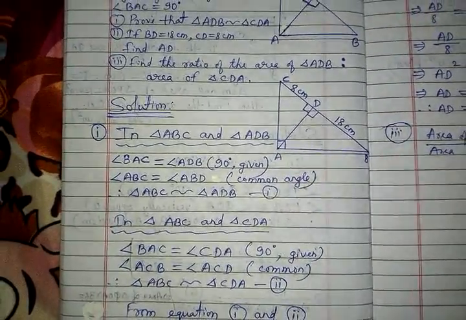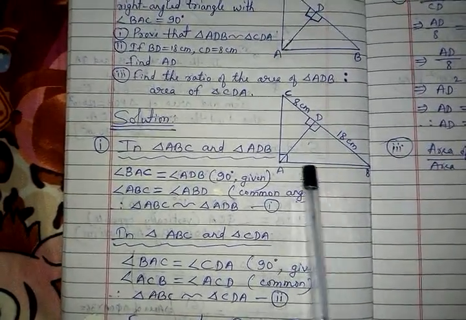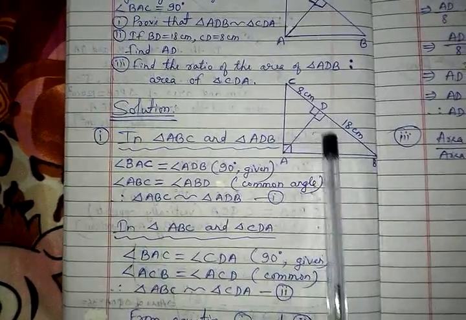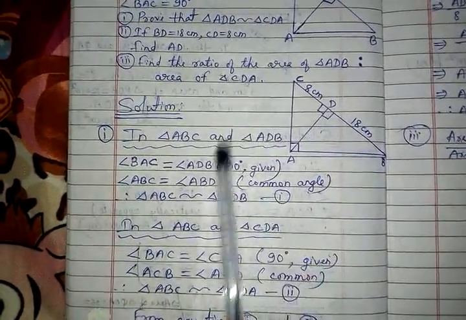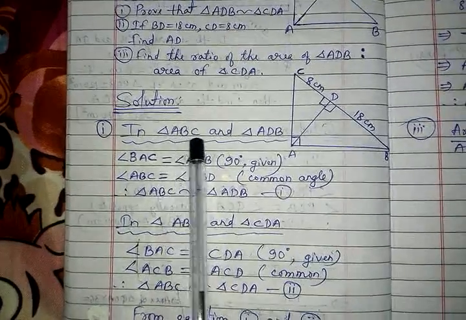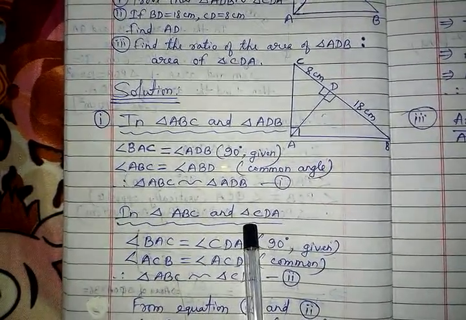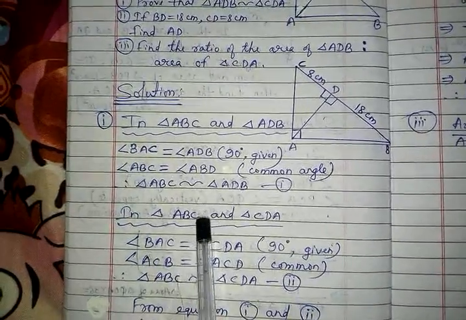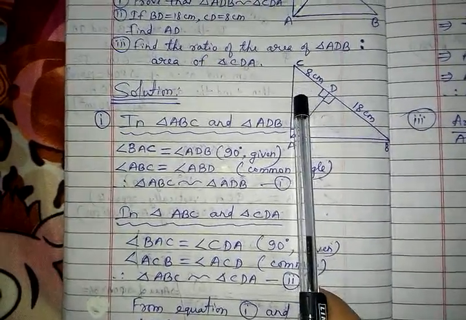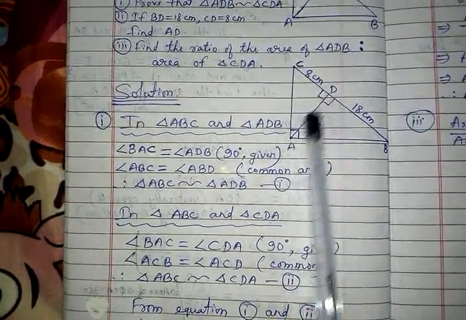So in that case, one technique is there. We will take triangle ADB and compare it with triangle ABC. That means in case 1, we will take triangle ABC and triangle ADB. In case 2, triangle ABC will again be there, but the second triangle will be triangle CDA.